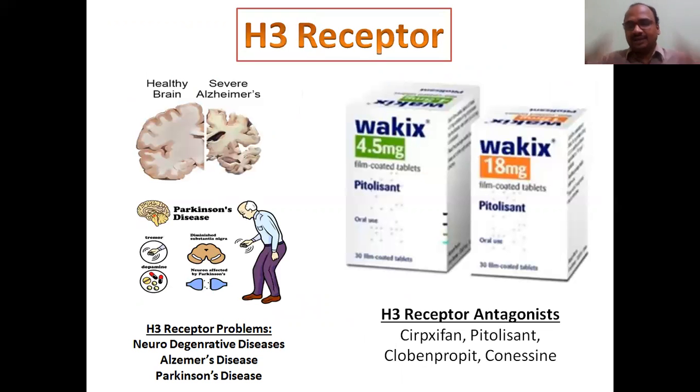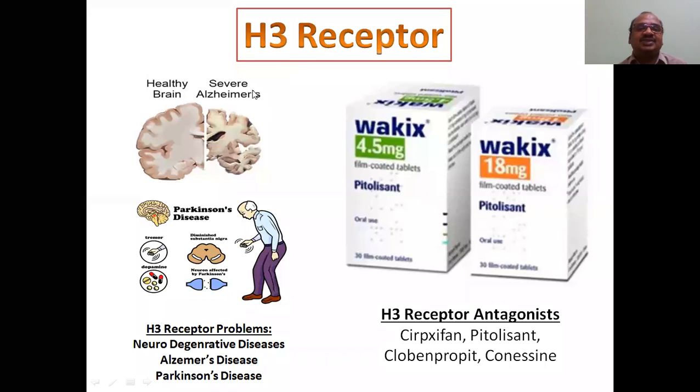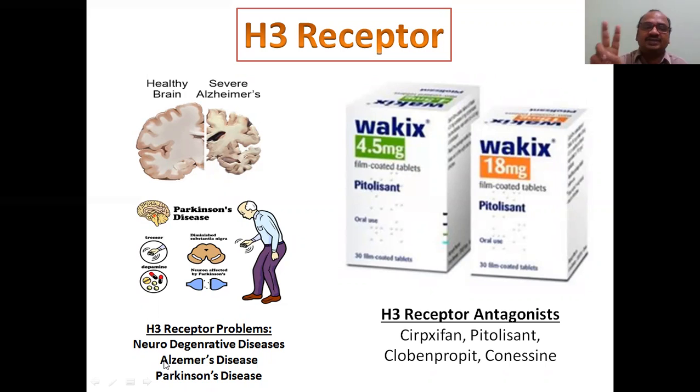And H3: the N in H3 stands for neuron. So here, see the healthy brain and the Alzheimer's brain. Histamine at the H3 receptor is responsible. As age proceeds, your brain shrinks. Alzheimer's disease and Parkinson's disease are the two important diseases.